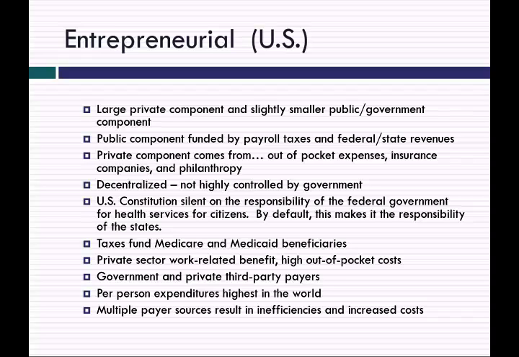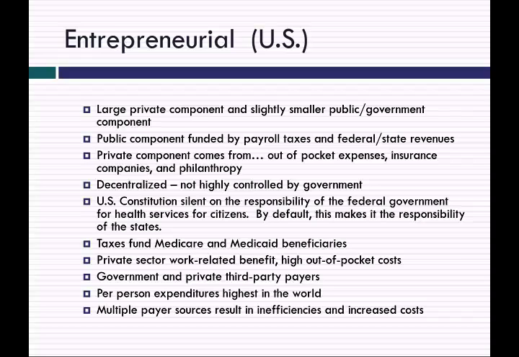But this has also resulted in high out-of-pocket costs, either for the individual receiving care or the employers providing the services. There are government and private third-party payers, so it's a multi-layer system of payers. That makes it a much more complex system, and that, combined with the lack of one governmental entity overseeing the system, has led to difficulties.